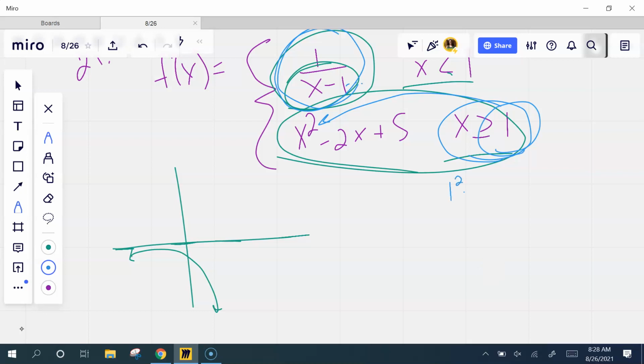So here, 1 squared minus 2 times 1 plus 5, which is negative 1 plus 5, which would be 4. So this point is (1, 4). Do you agree?